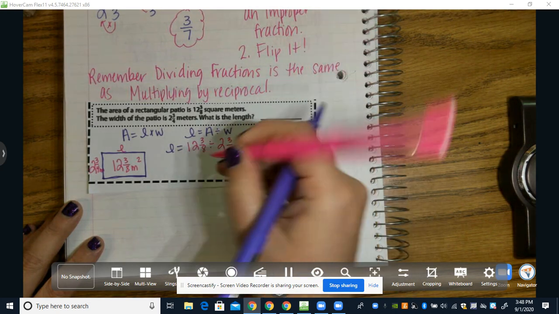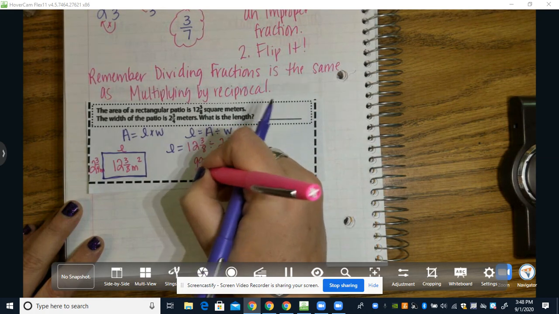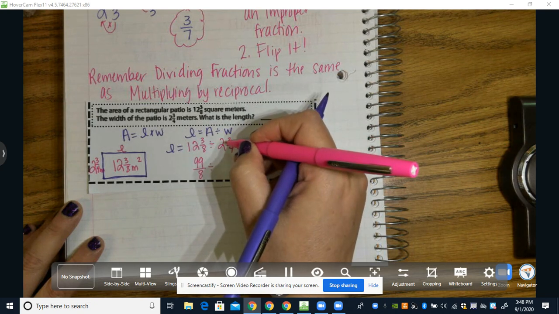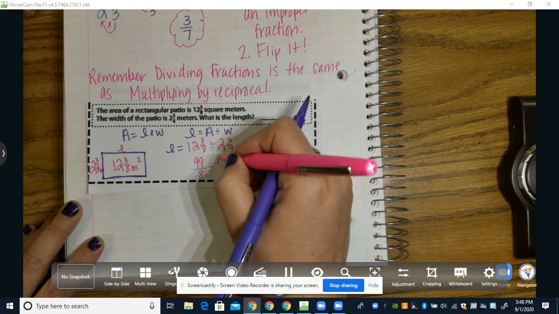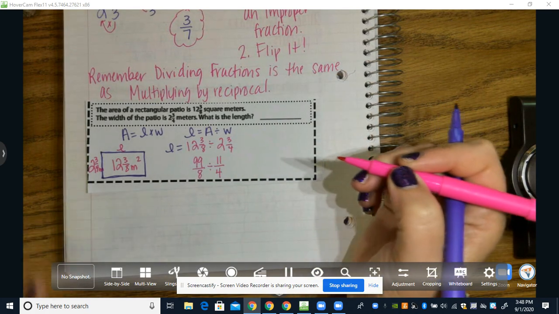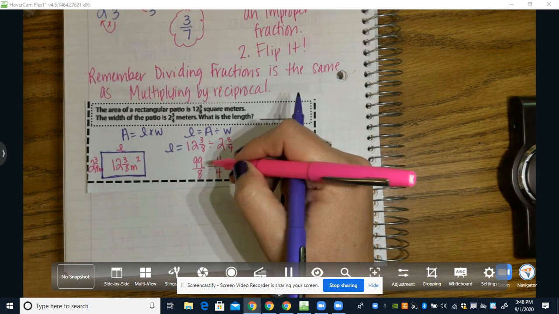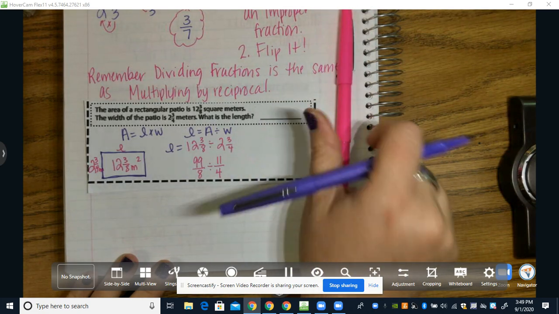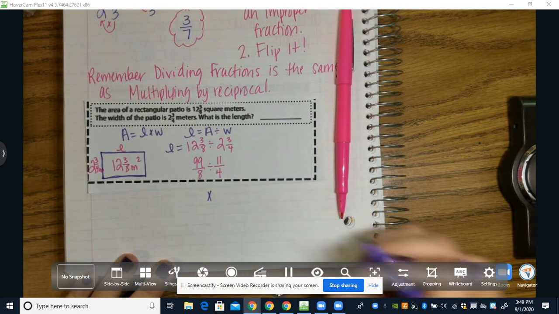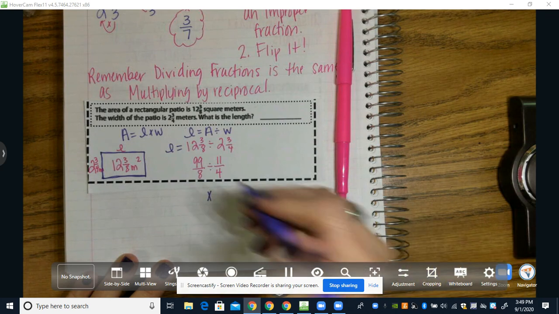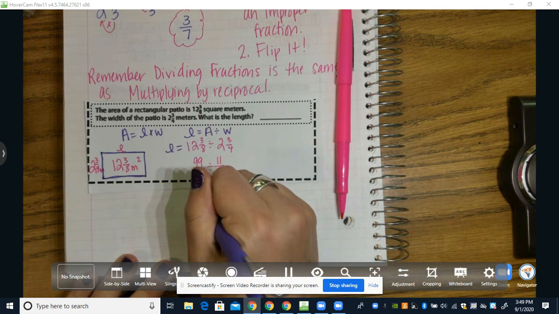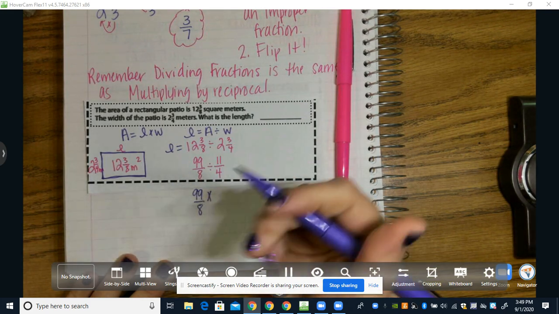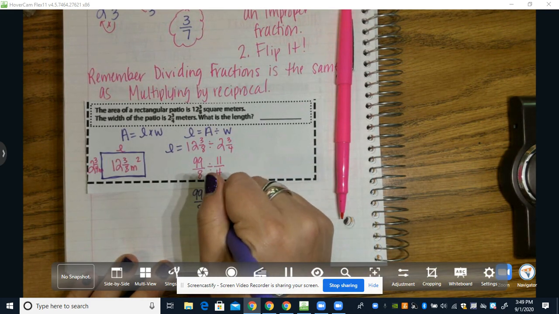So this is 99 over 8, divided by 4 times 2 is 8, 9, 10, 11, so 11 over 4. Okay, now remember, we changed them into improper fractions. Perfect, but we've got to multiply by our reciprocal. So keep the first the same, 99 over 8, times, and then flip it, 4 over 11.